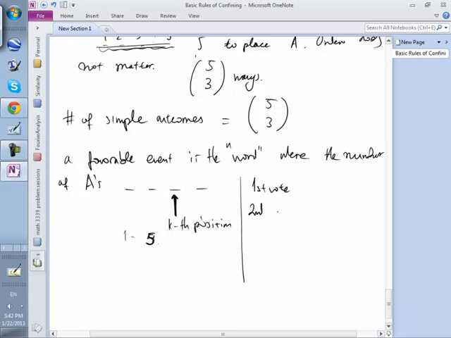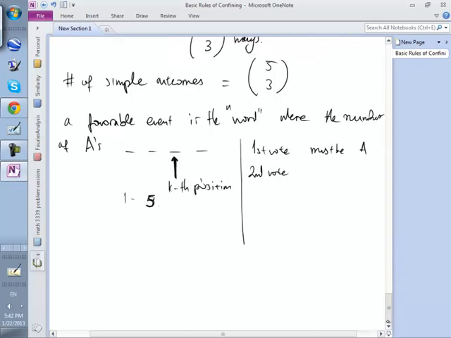Second position. The second position must also be an A, because if it were a B, then A and B would have exactly the same votes up to the second vote, so A is not ahead in the vote count.